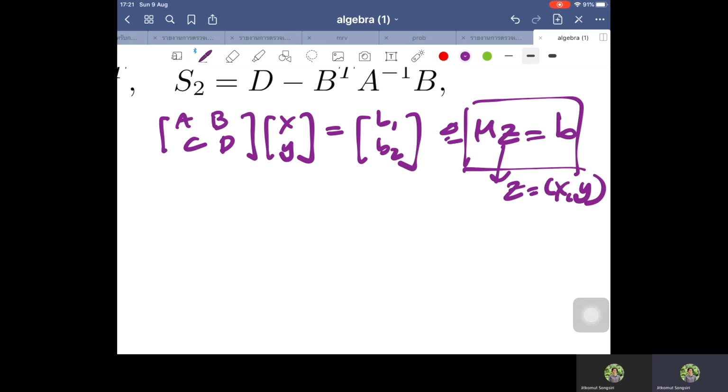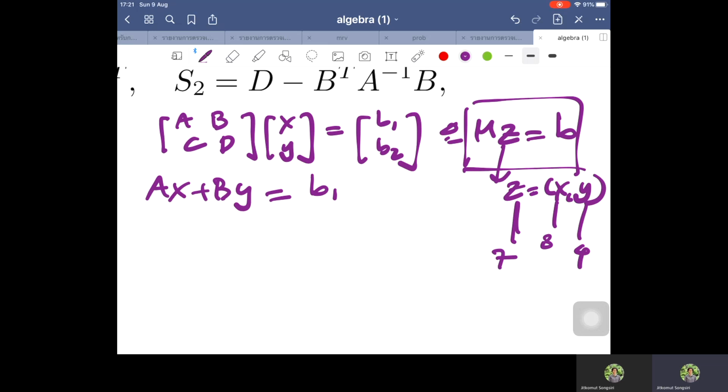So let's say X is 3 and Y is 4, the whole variable number is 7. Now you can try to divide all those equations into two sets. I call them 1 and 2.